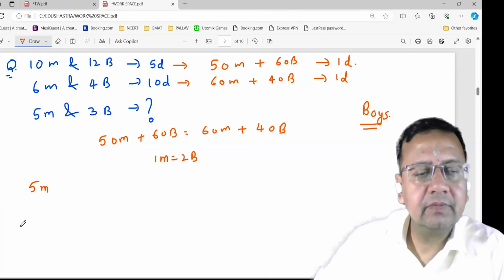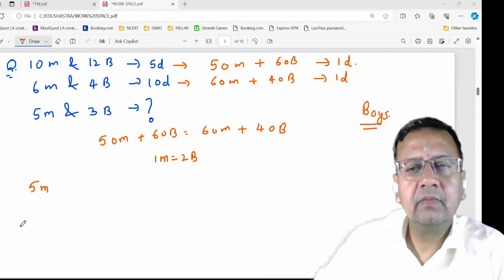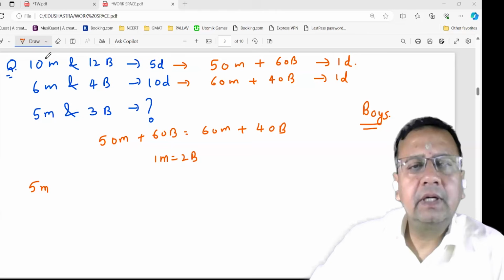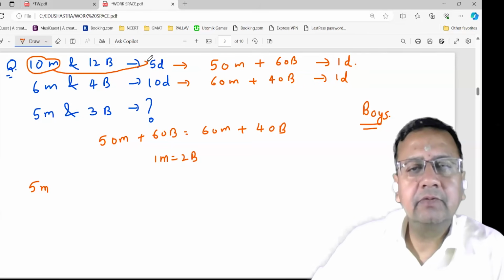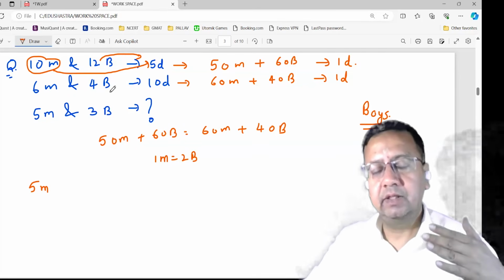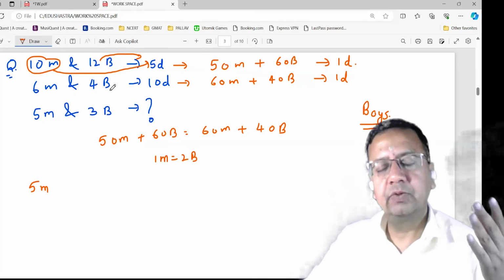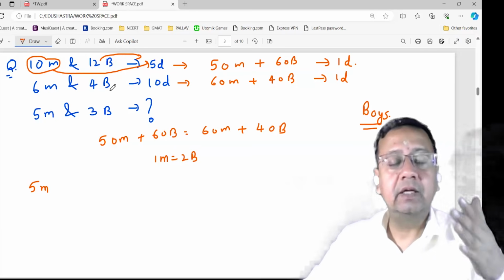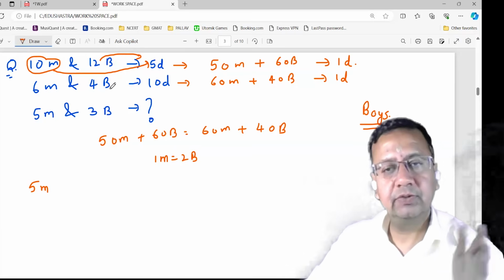Instead of 50 and 60, how did that come? Did we multiply and divide it by 5? Which one? The first equation, how did we get the 50 men and 60 boys? 10 men working is multiplied with 5 days, and this 12 is multiplied with 5 days, right? Because if in 1 day one person is doing the work, the other persons will also finish it. So if you do the work in 5 days with 10 men and 12 boys, and you have to finish the work in one day, then the work force has to be multiplied 5 times, right?